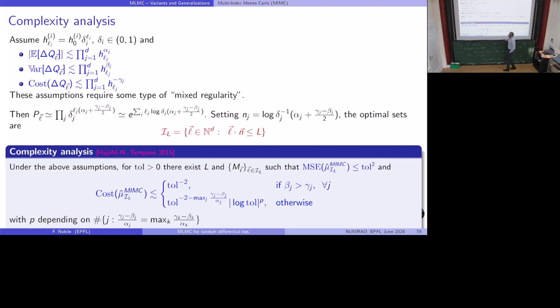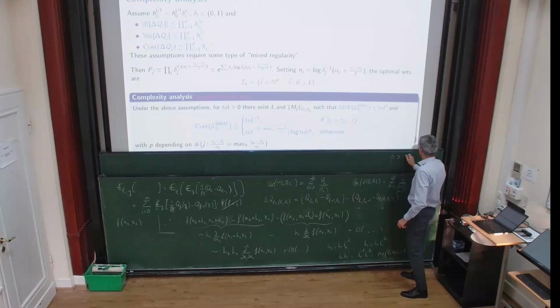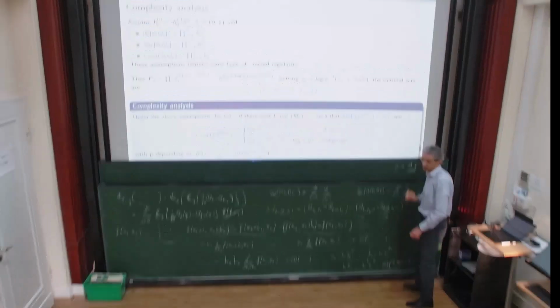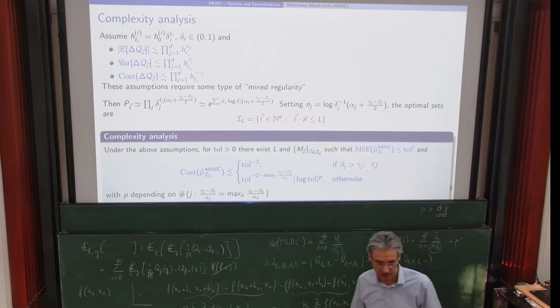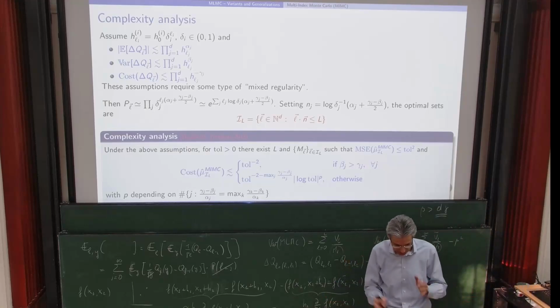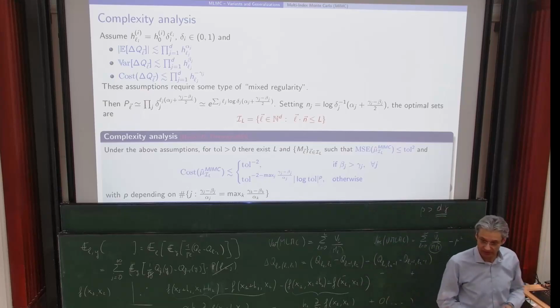What can we show in terms of complexity? We can show essentially this result. There is one optimal case. Remember that in the standard multilevel, the good case was beta larger than d times gamma, and there is this d because of the cost in d dimensions. Now suppose that you are in d dimensions, but you do this different refinement in each direction.